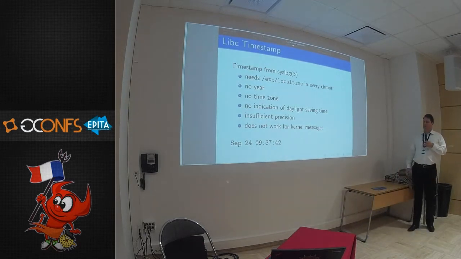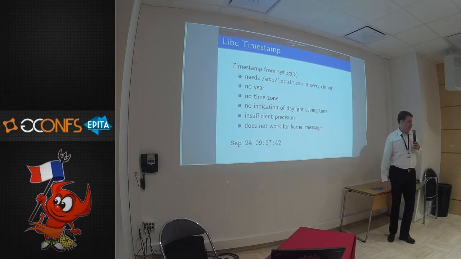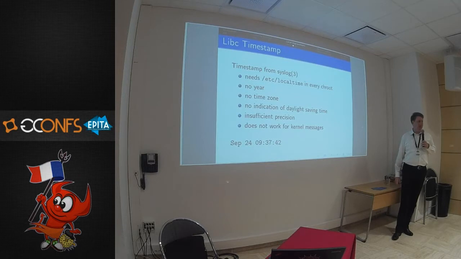So next thing, the timestamps. As I said before, we take the local time in every chroot because it's done by libc when the log message is generated. That's bad.